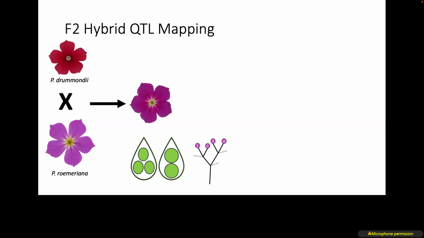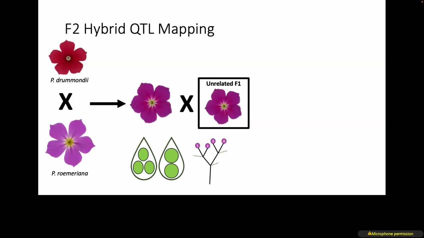So they're typically only producing about 4 flowers per inflorescence. To overcome strong self-incompatibility in the system, I actually produced 2 independent sets of F1s to then cross together to produce my F2 population. And so I actually have 4 grandparents, 2 of them drummondii and 2 of them roemeriana.